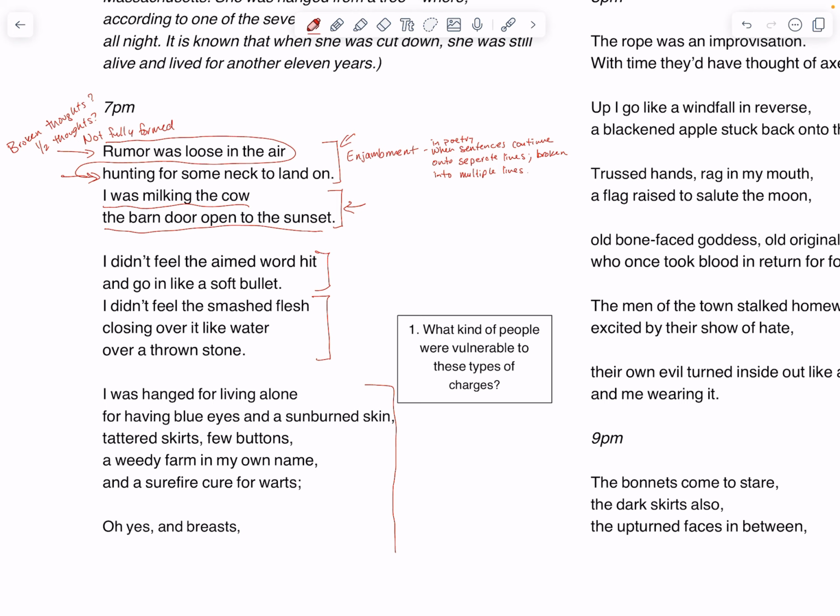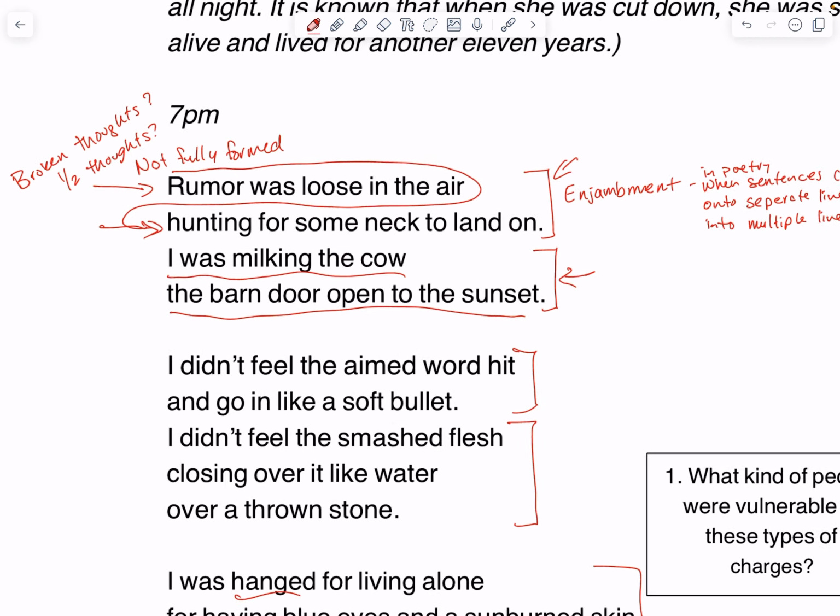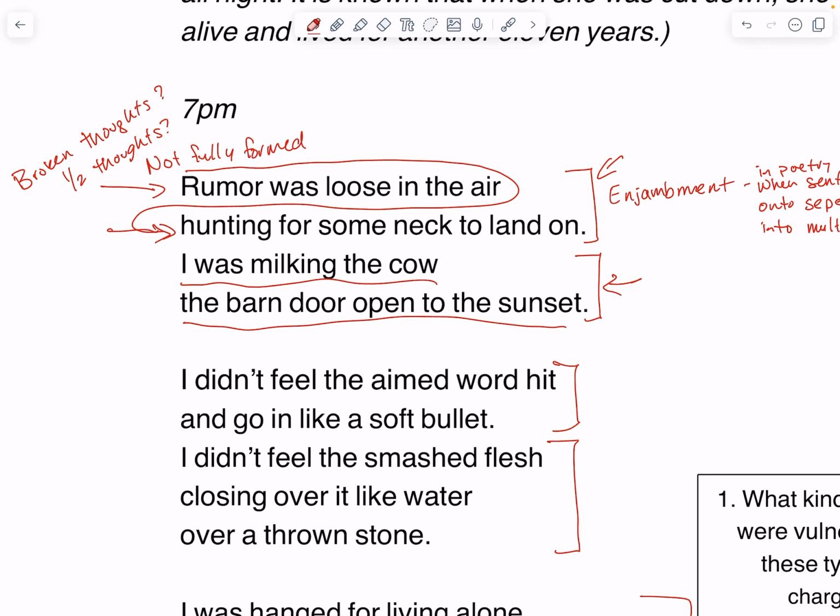And as she's doing this, these men from the village break into her barn, and they start to beat and torture and eventually hang her, right? "I was hanged for living alone," okay? So how do these broken thoughts, these half thoughts, these not fully formed thoughts, how do they create meaning?